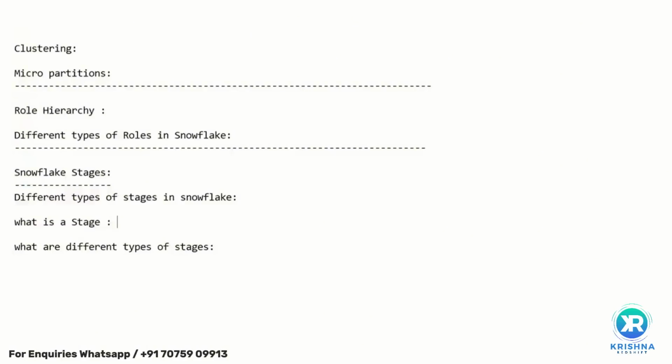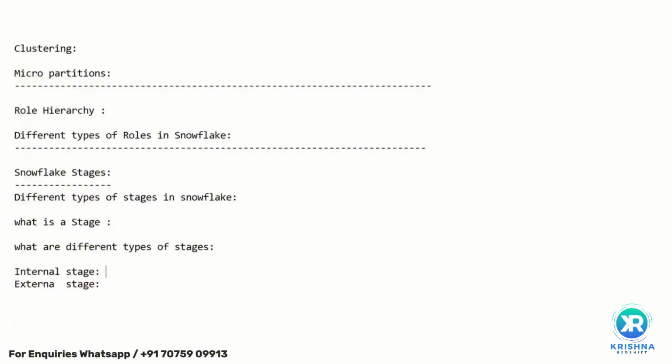So what are the different types of stages? We generally classify them into two types: internal stage and external stage. Internal stage means it is within Snowflake.